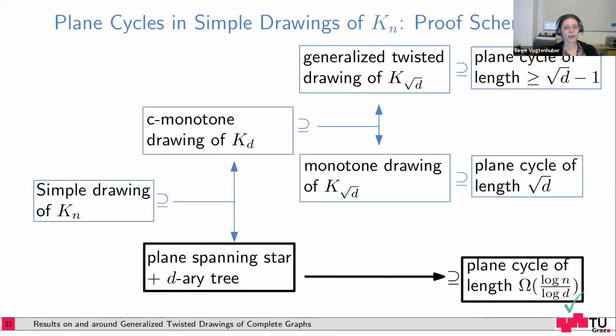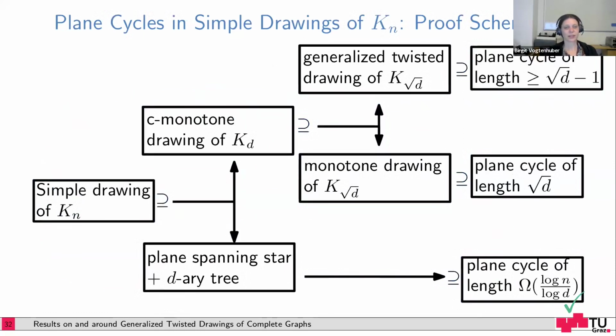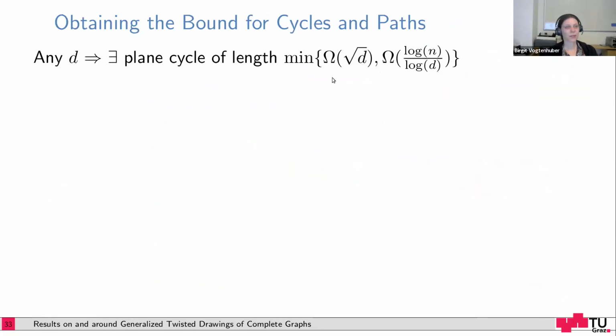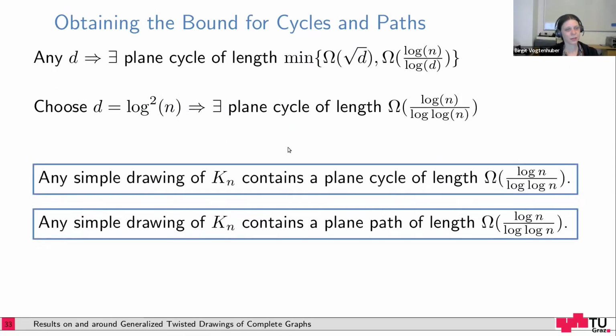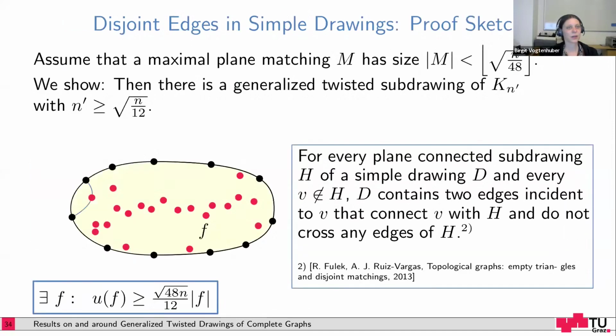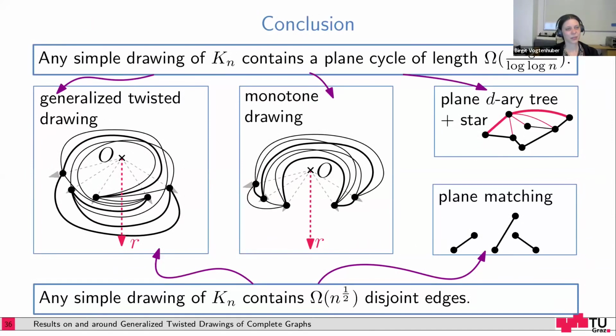That's this part, and then that implies already all of this. And putting things together, choosing the right d, we obtain the bound of log n divided by log log n. So that's for cycles and paths. Let me skip the disjoint edges and come to the conclusion.